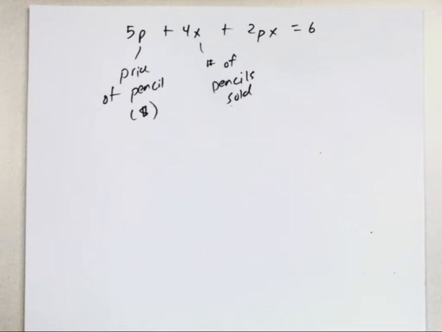Basically, it's saying, hey, the price we try and sell the pencils at and the number of pencils we sell are related by this equation. But of course, now what's happening is they want to see how this information changes with respect to time. So here's what they do.